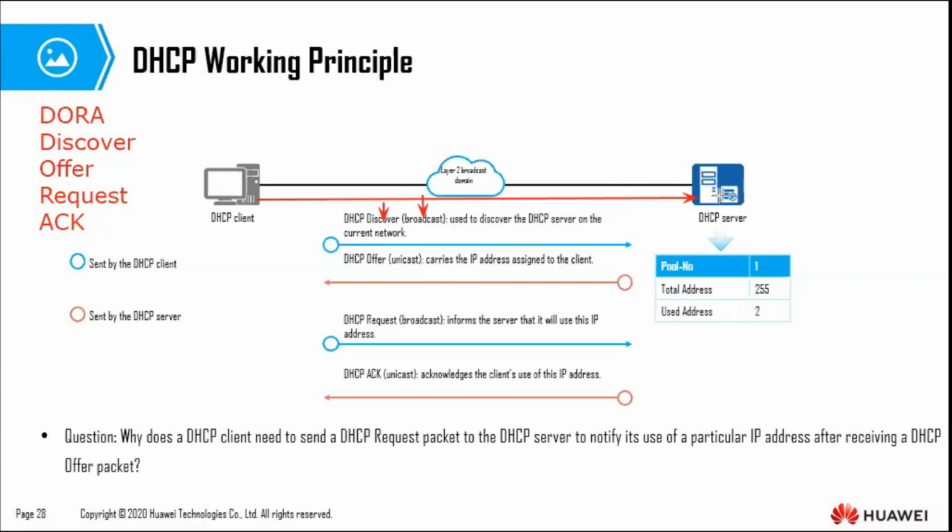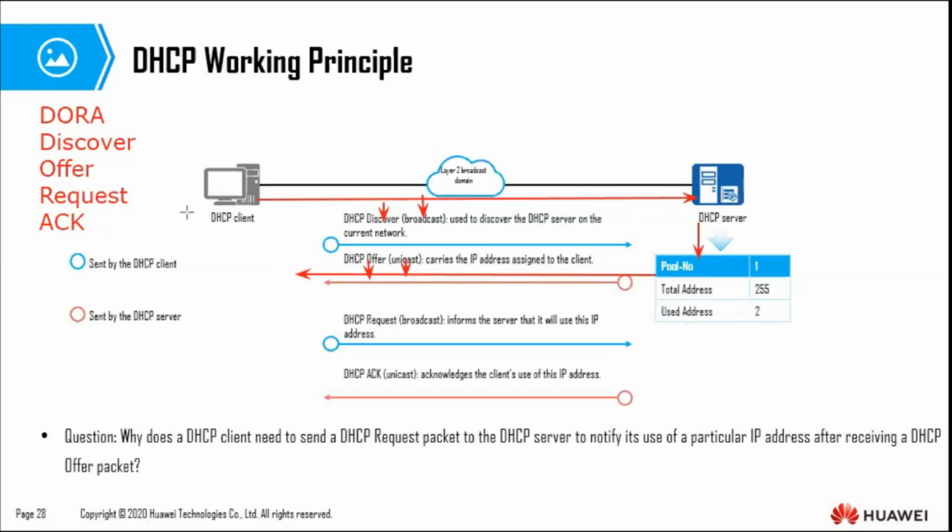Now, if a DHCP server exists in your network, it's going to reply with an offer, DHCP offer. The DHCP offer is a unicast message. It's unicast because when you send the discover, we get your address from the source address. So we are going to offer you an IP address and other details from a pool.